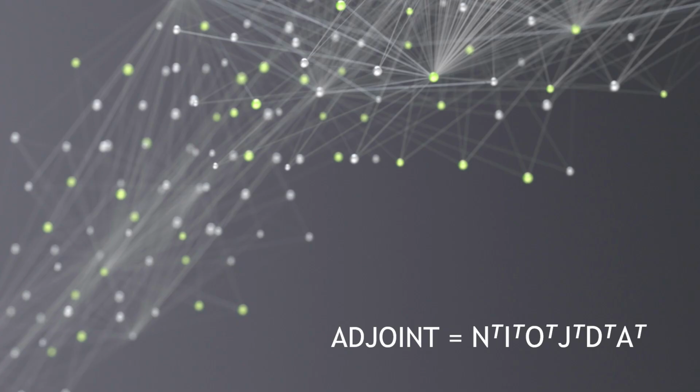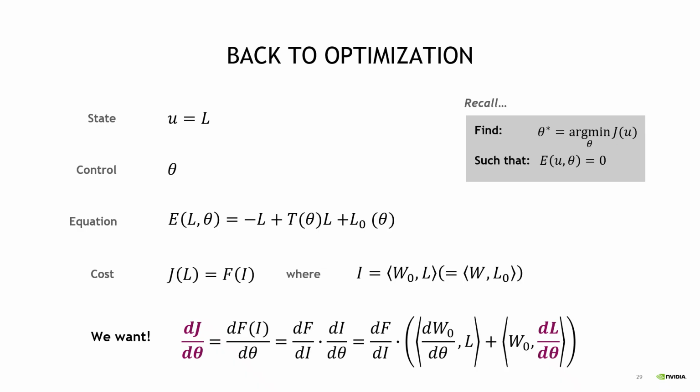So now let's combine what we talked about in optimization and our brief introduction to light transport. So we go back to optimization. I recall the basic template of optimization, and now we just replace the state by the radiance. That's our state.